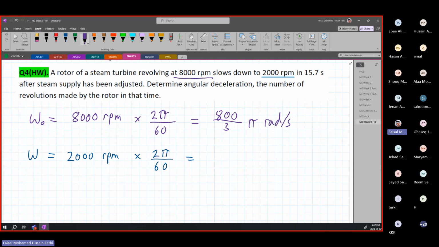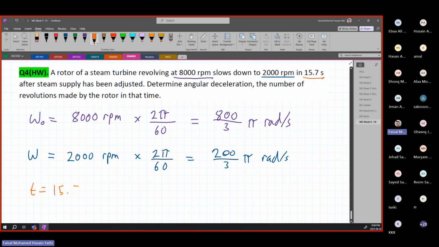So 2000 times 2 pi divided by 60 is going to be 200 over 3 pi, radians per second. Okay? So what does the question want us to do now? Oh, and then we also have the time, which is 15.7 seconds.